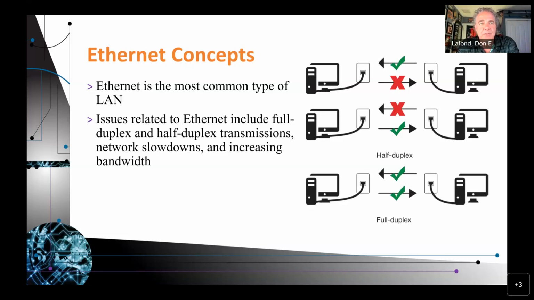And you need to be aware that your communication has to be half duplex to those legacy devices. Most devices today, anything connected to a gigabit Ethernet port, has to be full duplex. Gigabit Ethernet is only full duplex.